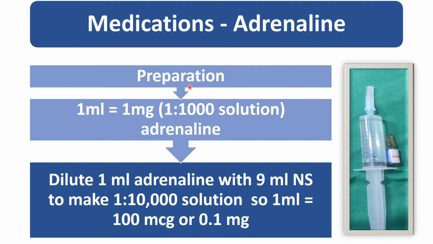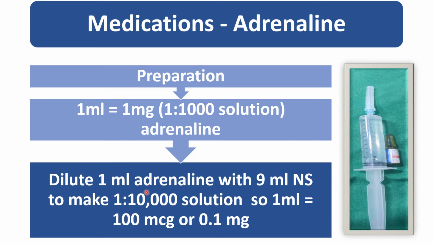Now, how to prepare the pre-filled adrenaline syringe. Whenever we are checking the instruments before the birth of the baby, we should prepare the adrenaline syringe. So we have to take 1 ml of adrenaline and dilute it with 9 ml normal saline. The ampule concentration is 1 milligram per ml, a 1 in 1000 concentration.